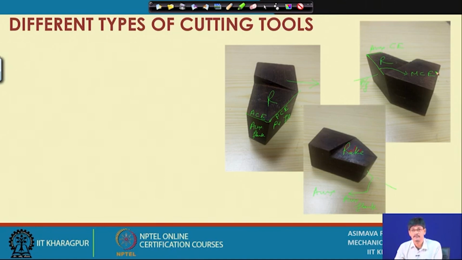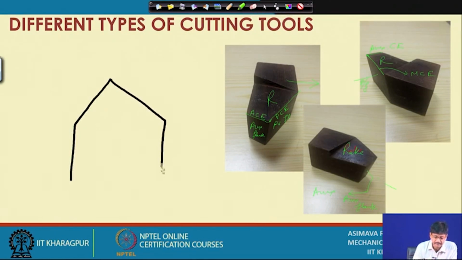So, once we have had a look at the single point turning tool, why do we refer to it as a single point turning tool? Because the tool has a single point at which it is connected to the workpiece.